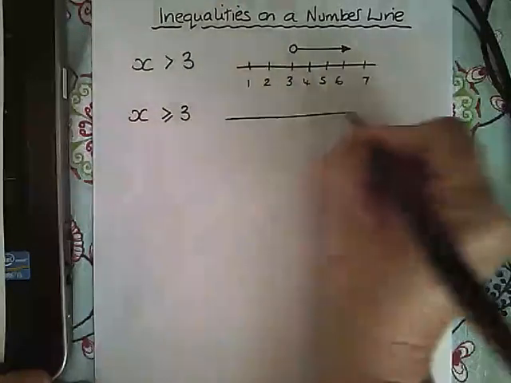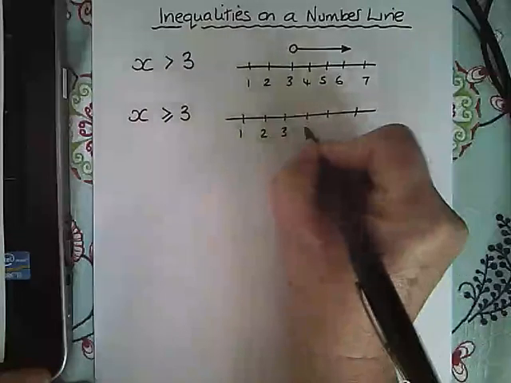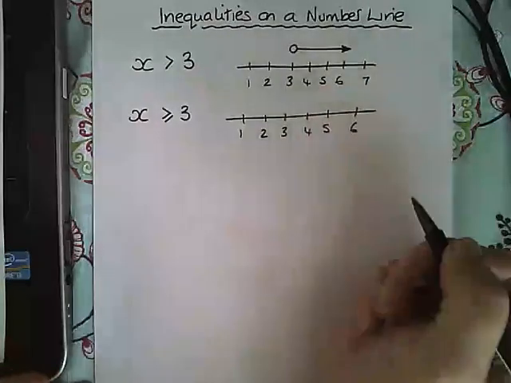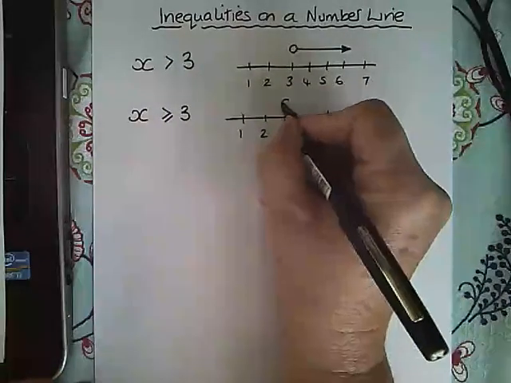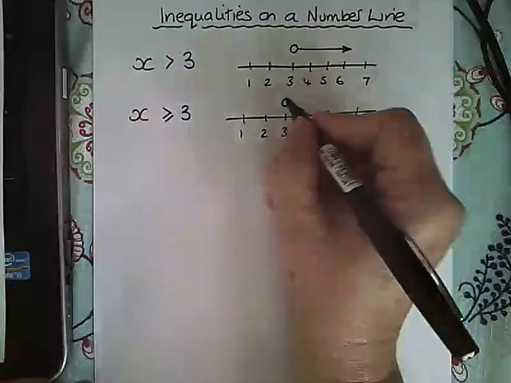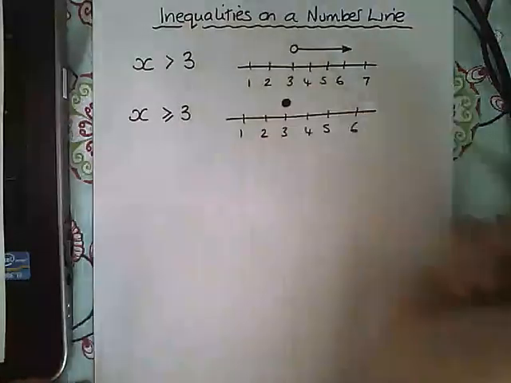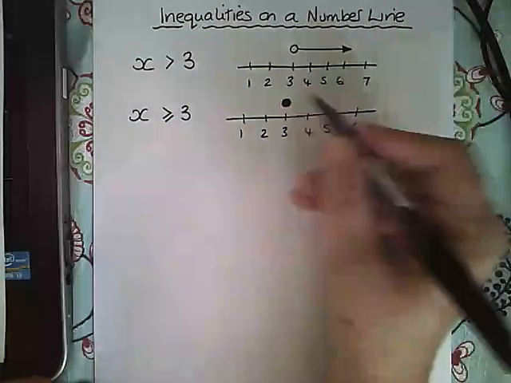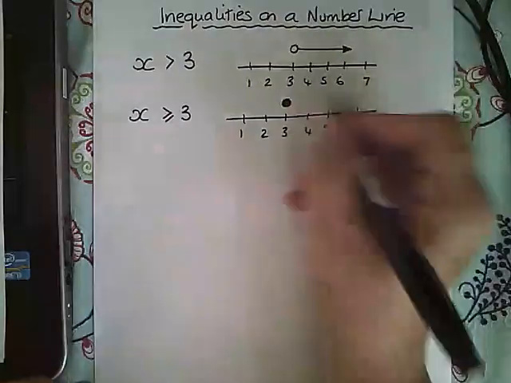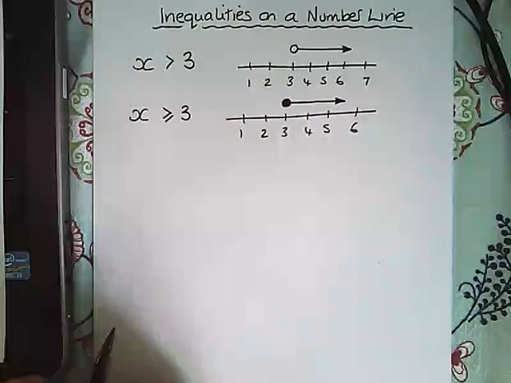So draw our number line out again. 1, 2, 3, 4, 5, 6. Draw a circle above the 3. And this time, because it can take the value 3, we colour the circle in. We make it a solid circle. Greater than or equal to is all these numbers up here, so our arrow goes in this direction.